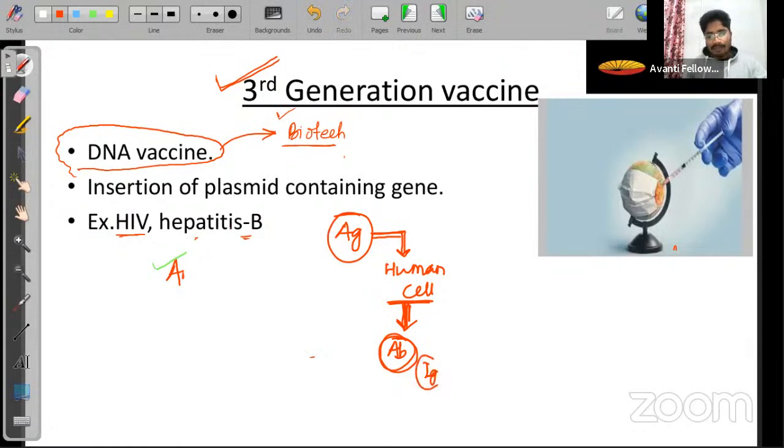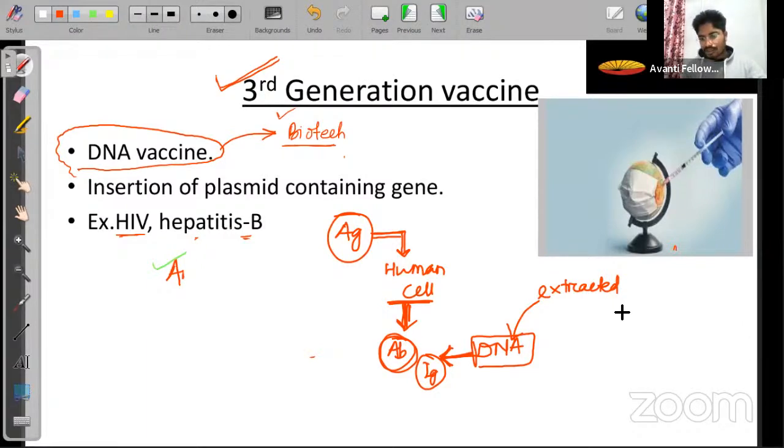So it must have been prepared from a particular type of DNA sequence that is present in the human body. That segment of DNA will be extracted and will be inserted into the plasmid.